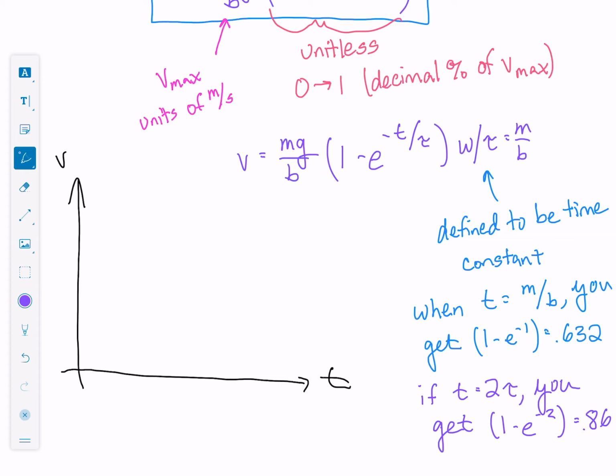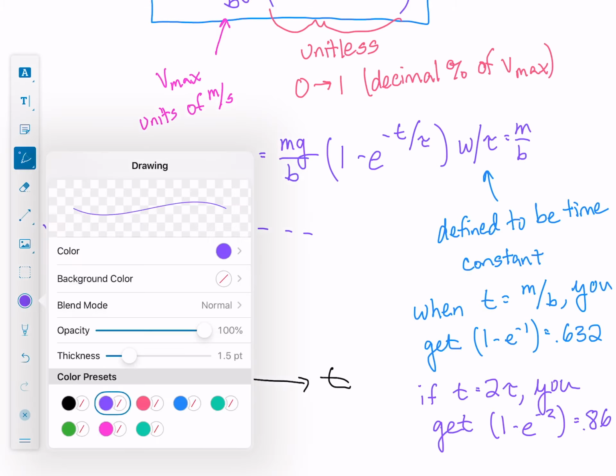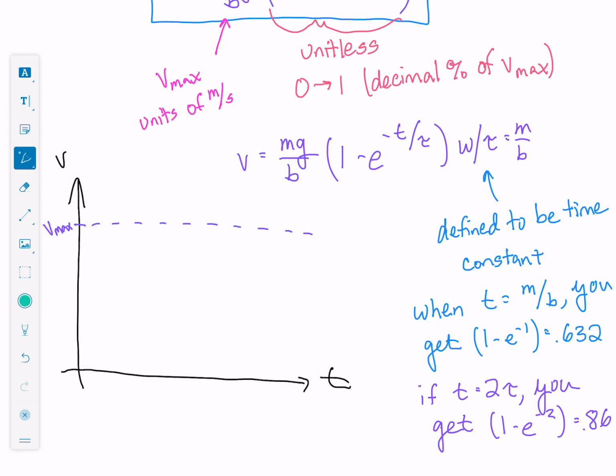So if I wanted to graph that, we can say this is Vmax. This is my limit. This is the most that it's ever going to get. And my function is going to do something like this. It's going to start at 0 and increase.